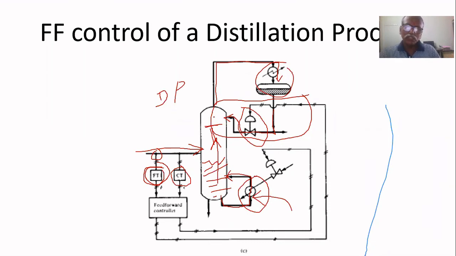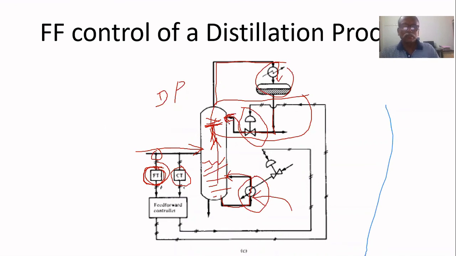If you reduce that, there will definitely be an increase in temperature. Constantly you are pumping, say, 5 liters per minute. If you suddenly decrease that, the temperature will definitely increase. If the feed flow rate is increased suddenly and you want to increase the temperature suddenly, you can reduce this reflux ratio.